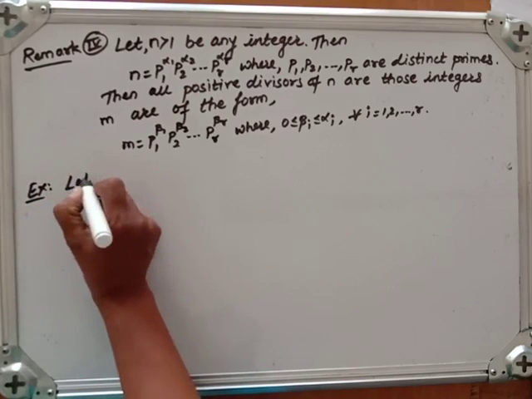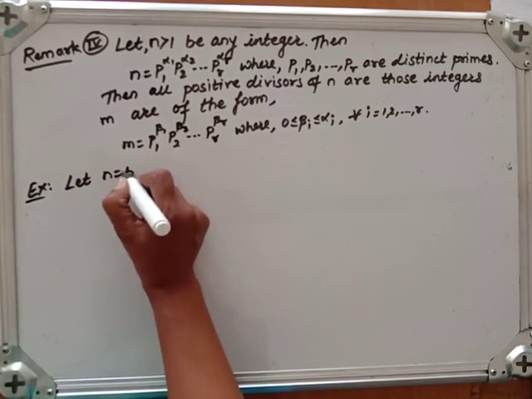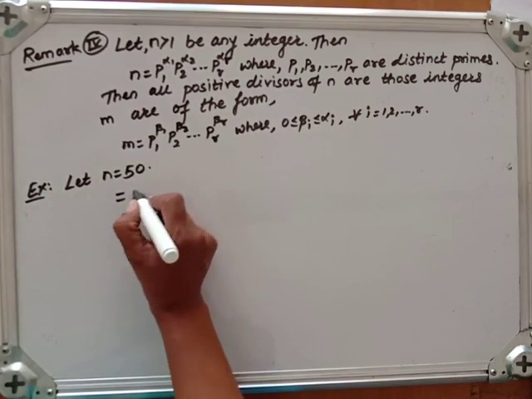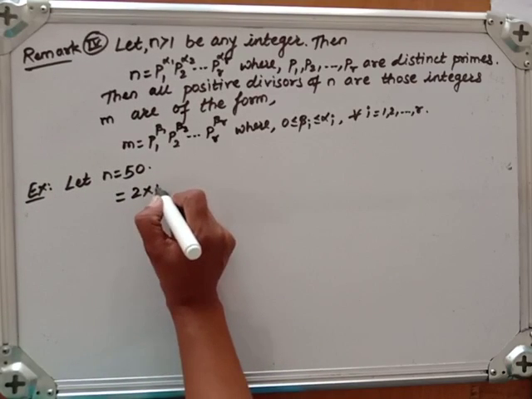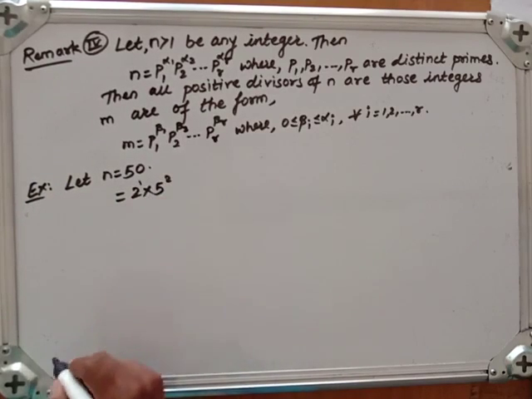Let n equal to 50. So 50 can be written as 2 raised to 1 into 5 squared.